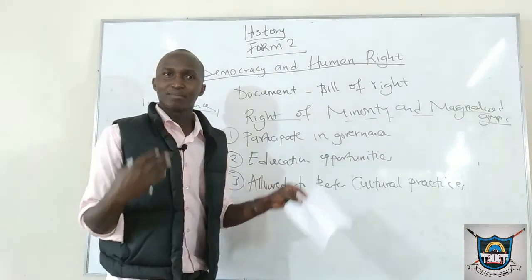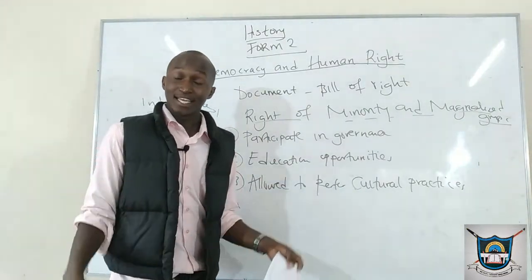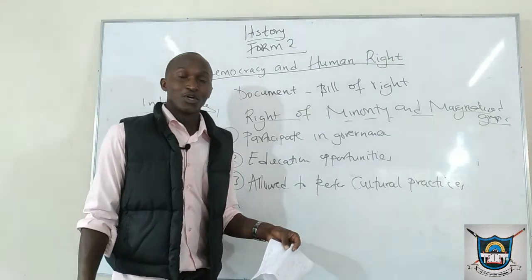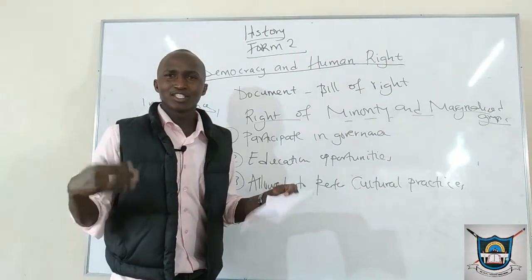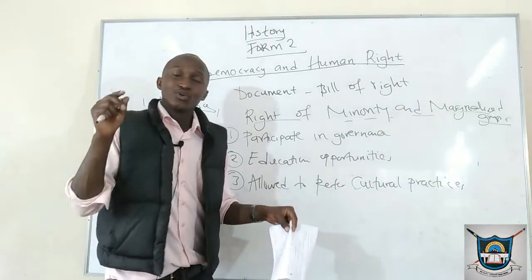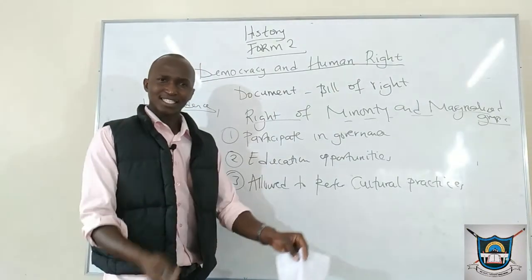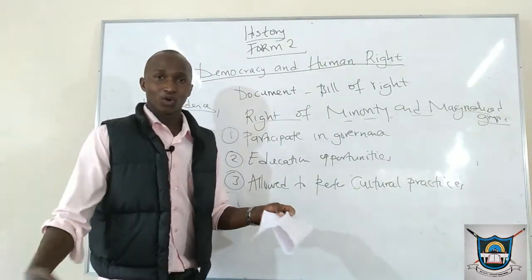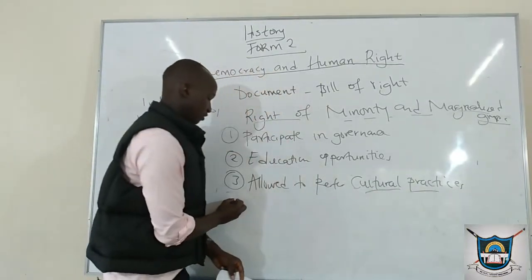Don't go there because you are a marginalized group and want to perform FGM, female genital mutilation. It is against our constitution. It is a violation of human rights. So you should perform practices that are in line with our constitution.